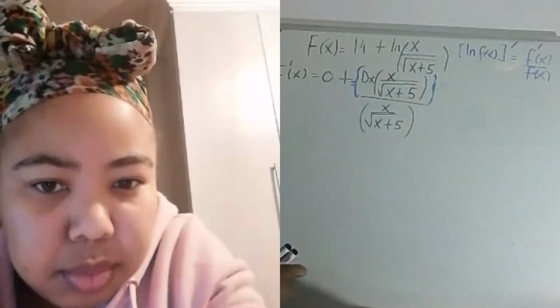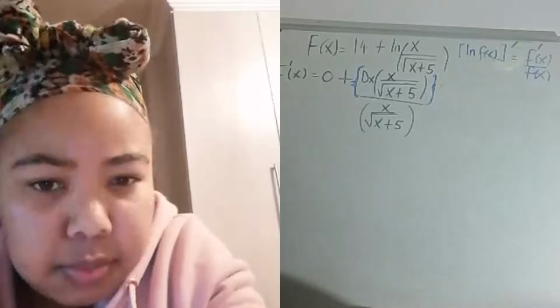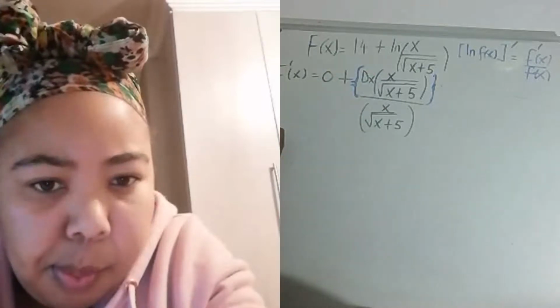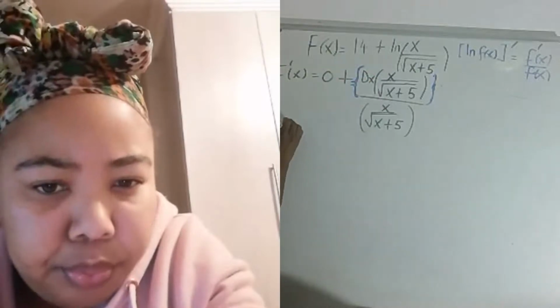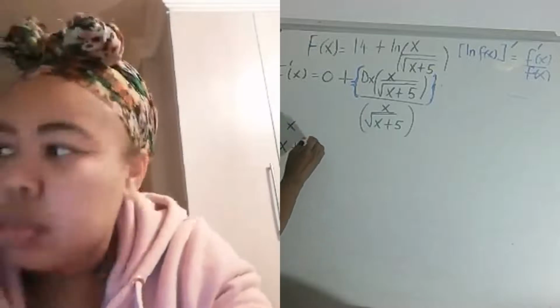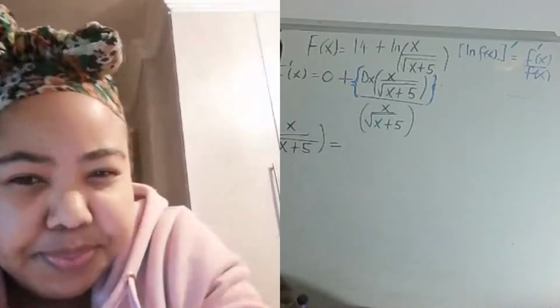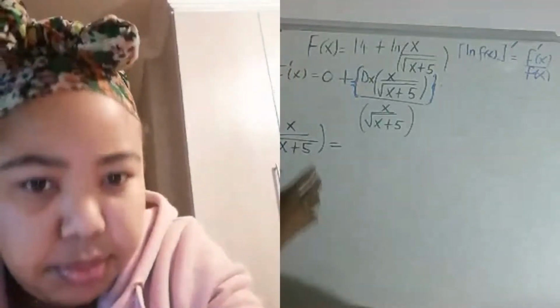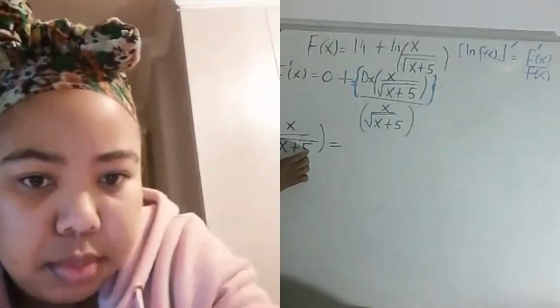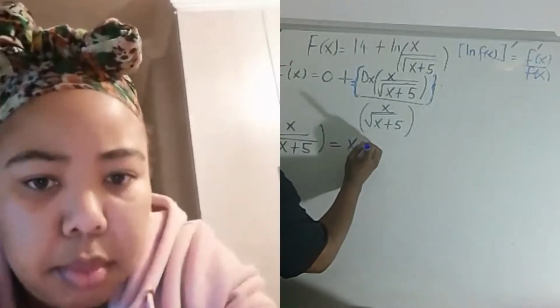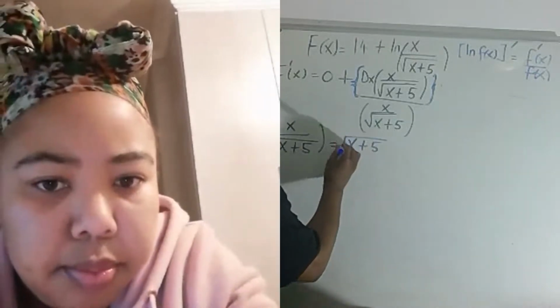So if I differentiate the x over the square root of x plus 5 quotient, we go to the quotient rule. The quotient rule says, write your denominator constant first. This is my denominator, constant.